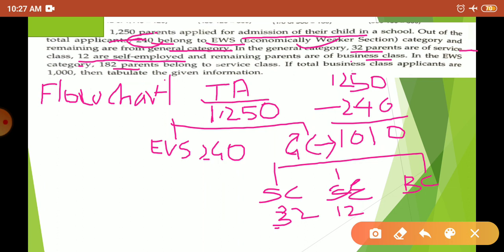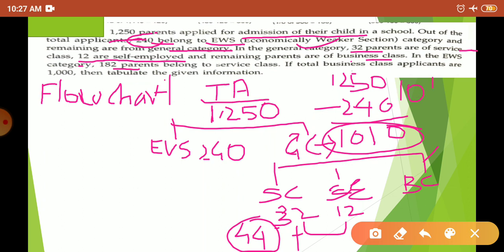So when we add these two numbers, 32 plus 12, and subtract from the total number of general category, then we get the number of business class. 32 plus 12 is 44. Now we subtract 44 from 1010, so it will be 966.